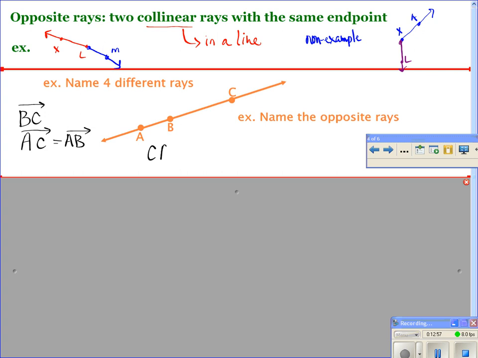CA. Somebody new. There's one left. There's 2 left. One of them is the same as CA. Yes. CB, the same as that one. So what is the one last one that's different from all these?